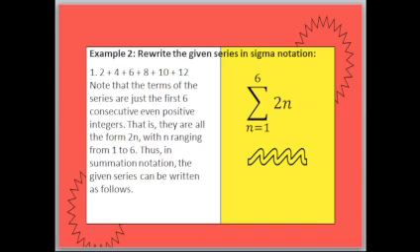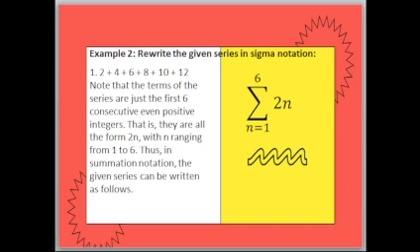Okay, we will proceed to example 2. We write the given series in sigma notation. So it's the opposite. The series is given and we will make a sigma notation. The given is 2 plus 4 plus 6 plus 8 plus 10 plus 12. Note that the terms of the series are just the first 6 consecutive even positive integers.